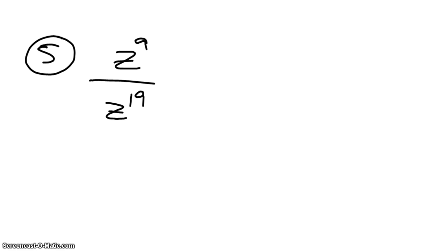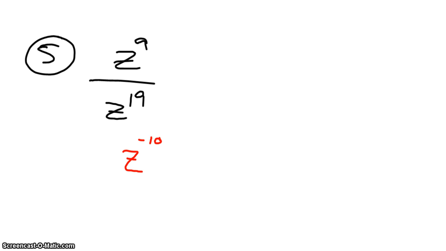Okay, so here we have quotient of powers again. It looks like basically the same, but what happens when you go to subtract those exponents? You end up with a negative. So what would you call this when you simplify it? Okay, z to the negative 10.